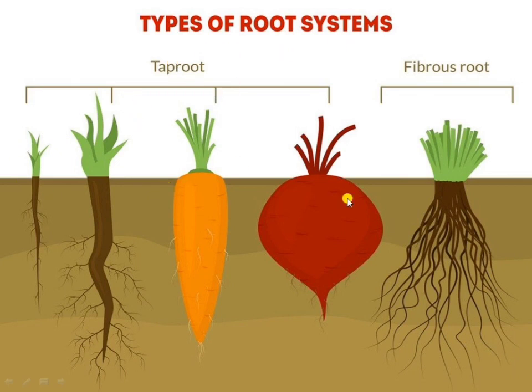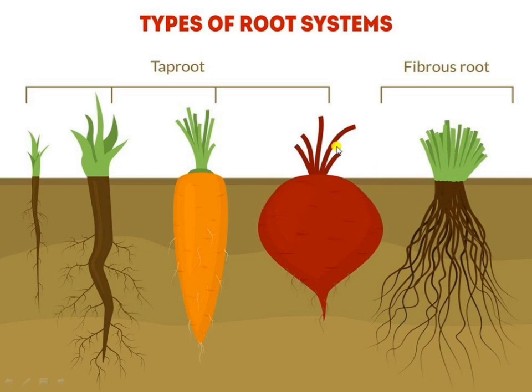These are examples of the taproot, and this plant is the fibrous root example. Examples of plants having taproot systems are radish, pea, rose, mustard and balsam. And in fibrous roots, the examples are marigold, cereals and some grasses.